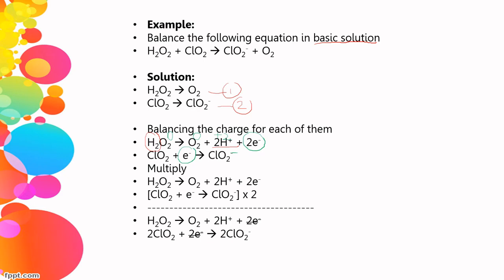After that, in order to cancel, we need to multiply the second half equation by 2 so that the number of electrons will be the same and we can cancel them out. After we multiply, we can cancel the electrons.